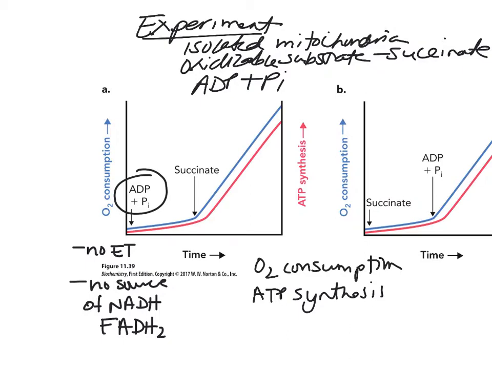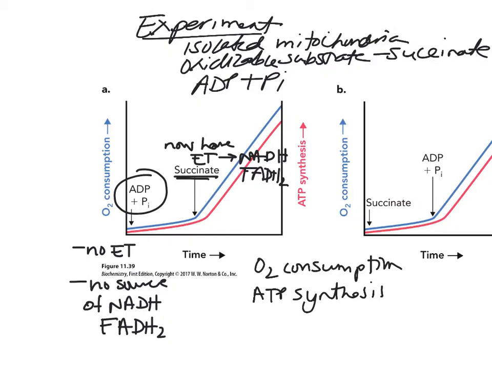Then, if at some time we add succinate, which is an oxidizable substrate that we can get reducing equivalents from, such as NADH and FADH2, you can see you get an increase in O2 consumption because now we have electron transport. We have reduced electron carriers. We have NADH and FADH2.